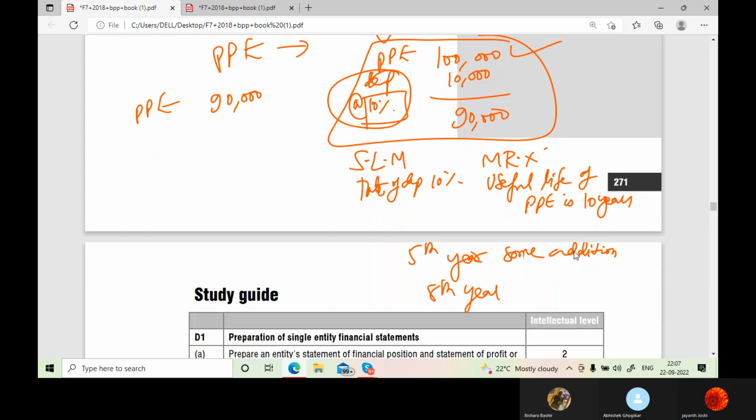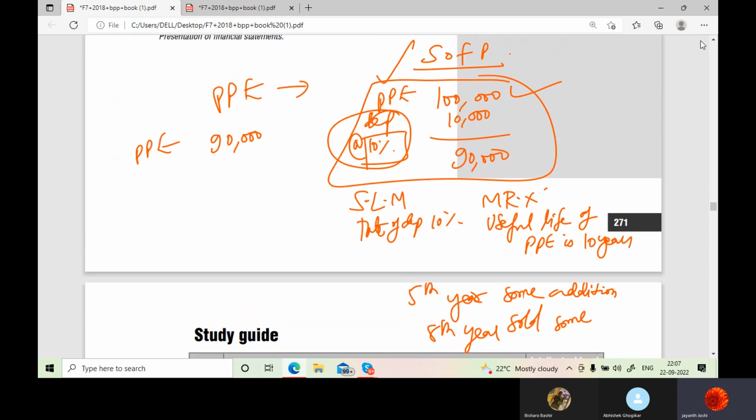In the 8th year you have sold some part of the asset. So all these are extra information regarding the history of that asset, correct? All these are extra information.